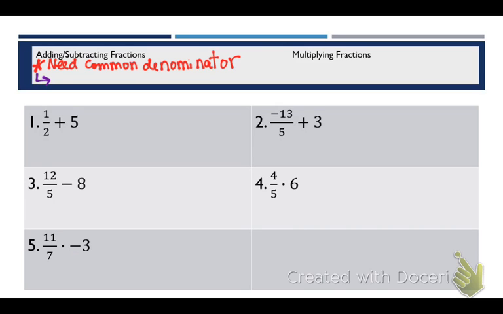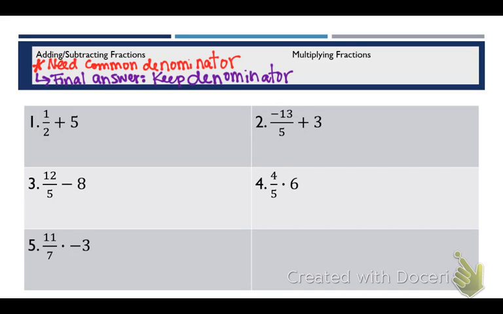All right, and then the second thing is that in your final answer, you keep the denominator. Maybe that's easier to say. You keep the denominator. So that means you don't add it, you don't subtract it, whatever it says. You just keep the same denominator throughout the whole thing. So if you ever baked 1/3 cup plus 1/3 cup makes 2/3 cups, and things like that.